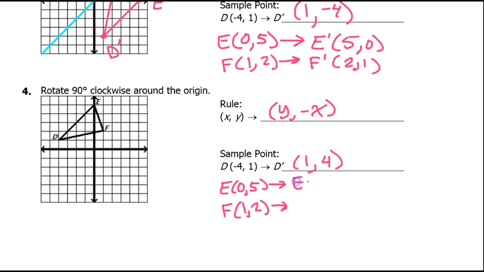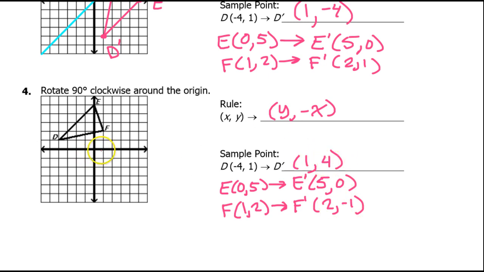And then we have E prime. So we will do y, which is 5, and the opposite of x, well, the opposite of 0 is still 0. And then for F prime, we're going to do y, which is 2, and the opposite of x, which is negative 1. And then we will graph these.